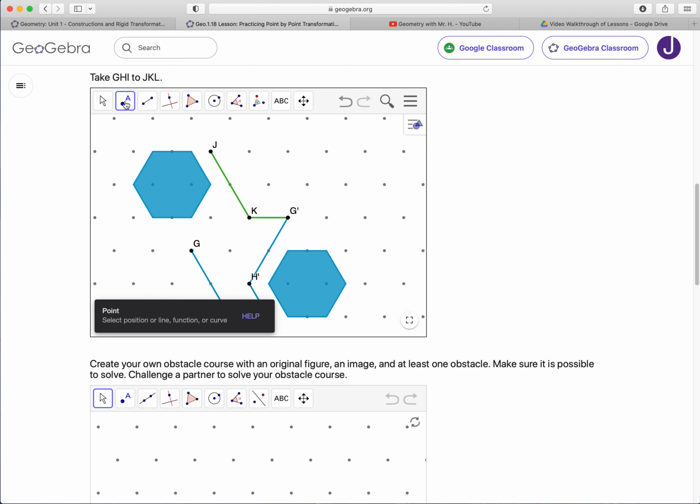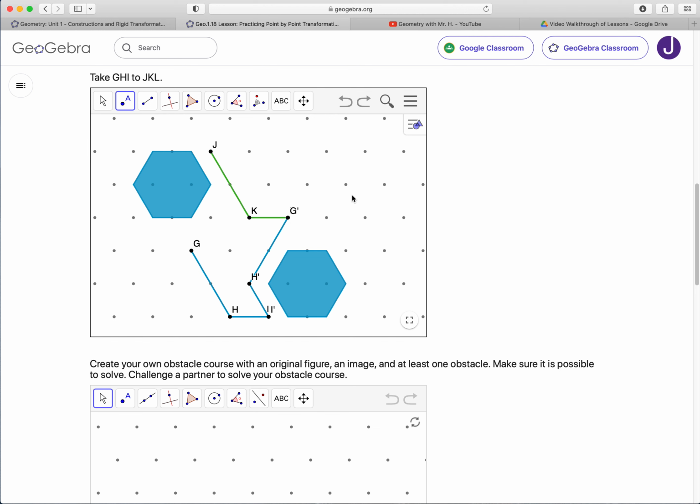If I was here, I go 1, 2, 3, 4, 5, 6. I'm back to my start. That means that it's 6 steps around. 360 degrees divided by 6 would be 60.